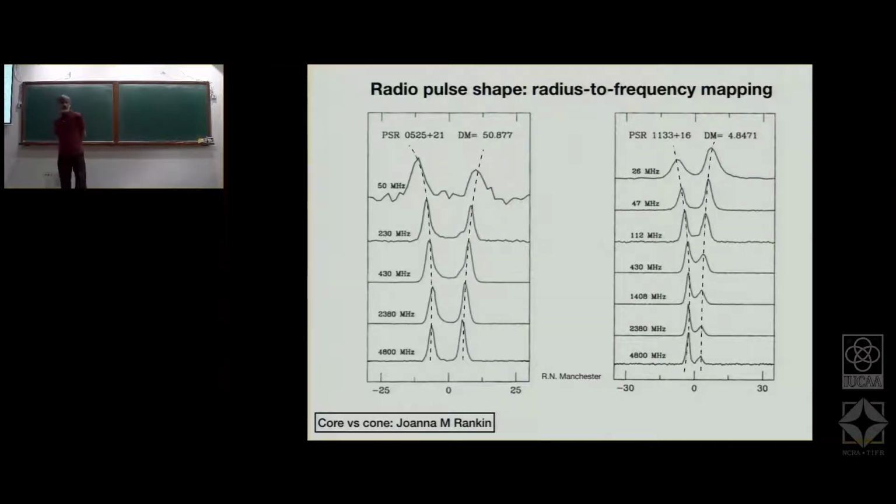But there are some of the radiation components that are found in radio pulsars which don't share this. In addition, they don't share some other properties. For example, we already talked about the rotating vector model. So you have the S-curve of the polarization.